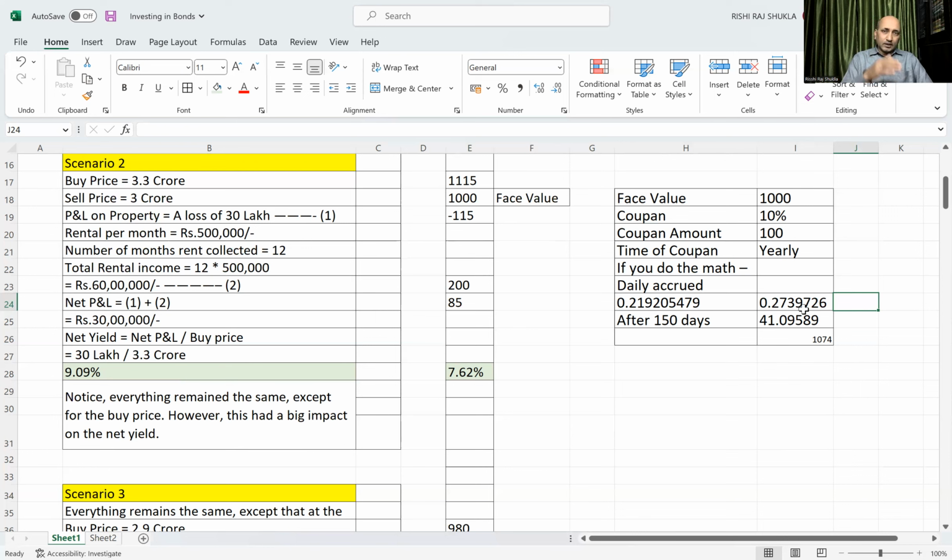Once these bonds are sold in the secondary market, the value we are getting with this accrued interest is known as the dirty price of a bond. And when this accrued interest is removed, then it is known as the clean price of the bond because there is nothing there. So we should be aware of the clean price of a bond and, second, the dirty price of a bond.